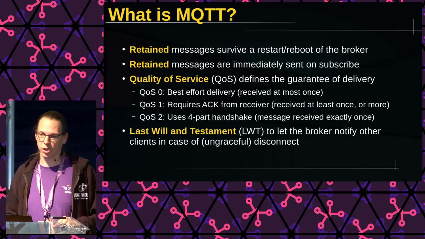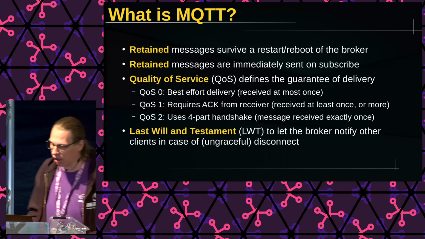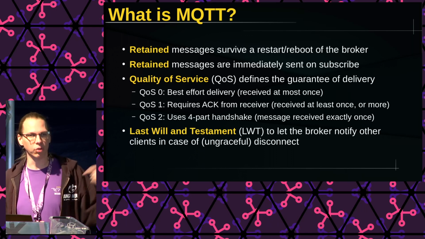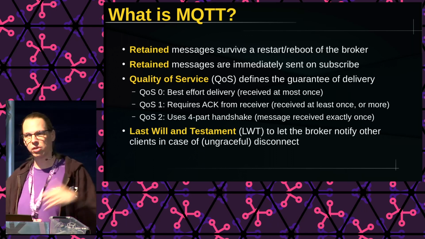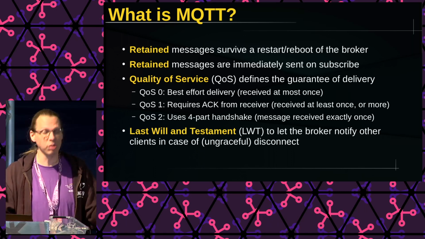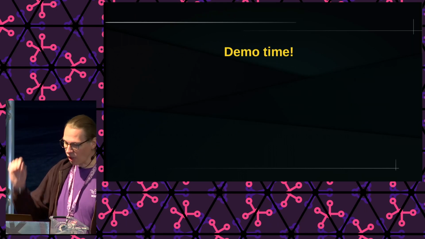You get a response within a couple of seconds because of the keep alive to the broker not being updated. And then the broker notifies the rest of the world, I lost a client, maybe you want to do something about that. So let's see if we can actually get this to work in a live demo.